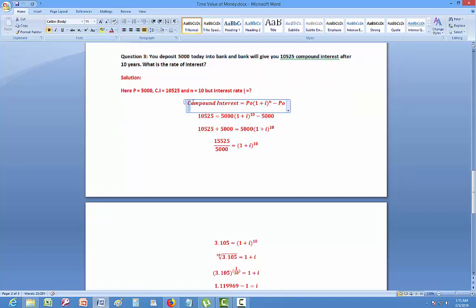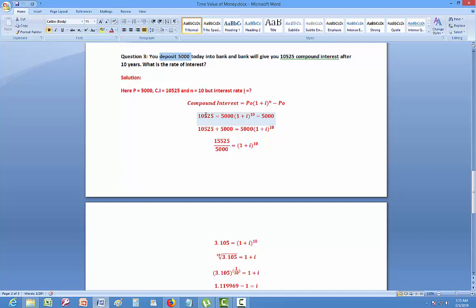We use formula for compound interest, and compound interest is equal to present value multiplied by factor minus present value or initial deposit. So what is present value? 10525. Compound interest is missing and time period is 10. So initial deposit is 5000.